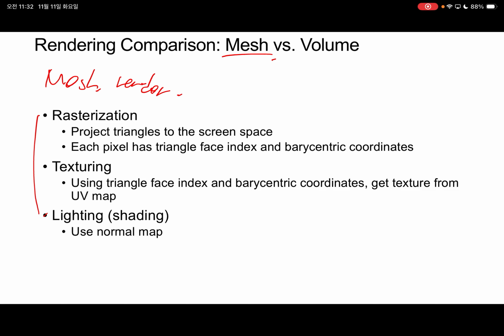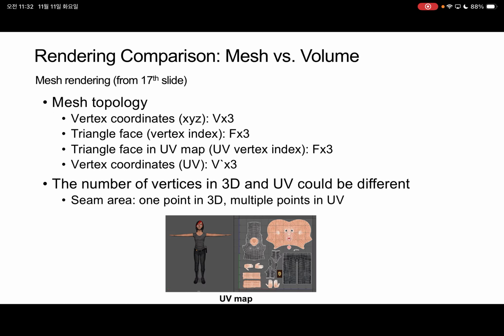Rasterization means for each pixel, we project triangles to the screen space, and then each pixel gets a triangle face index and barycentric coordinates. And then we get color from the UV map. That is what is happening in mesh rendering. For mesh rendering, we need mesh topology, vertex coordinates, triangle faces, and the UV map.